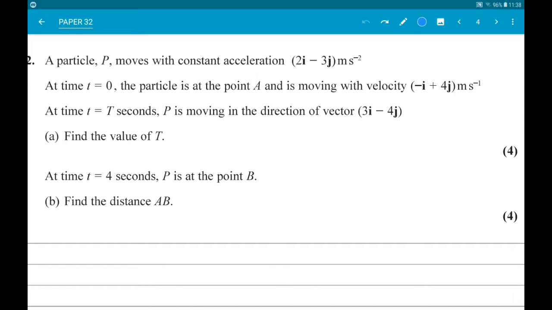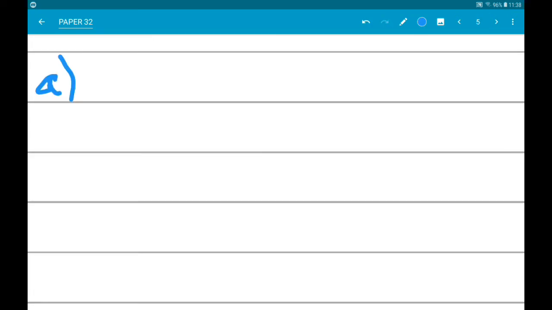Alright, so, it's quite tricky. So, what do we know? Well, we know that the initial velocity u is minus i add 4j. Now, we don't know the final velocity. All that we know is the direction it's moving in.